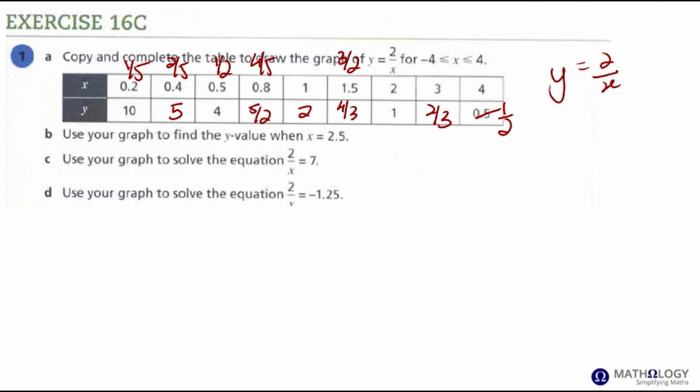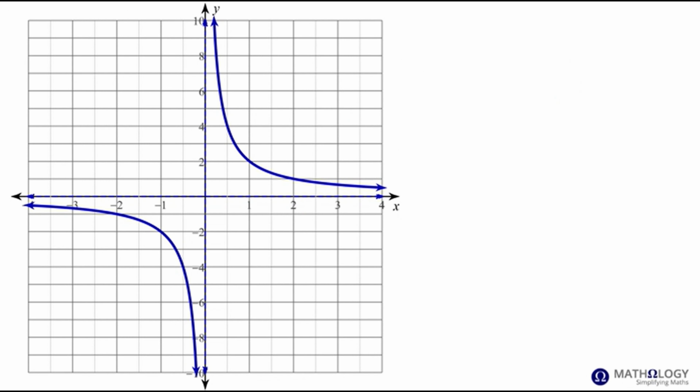Okay, so use your graph to find the y value when x is 2.5. x is 2.5, 5 over 2. You can clearly see that in this table we don't have x equals 2.5. That's what we're using the graph for. So we're going to go to 2.5 on the x-axis. 2.5 on the x-axis is here.